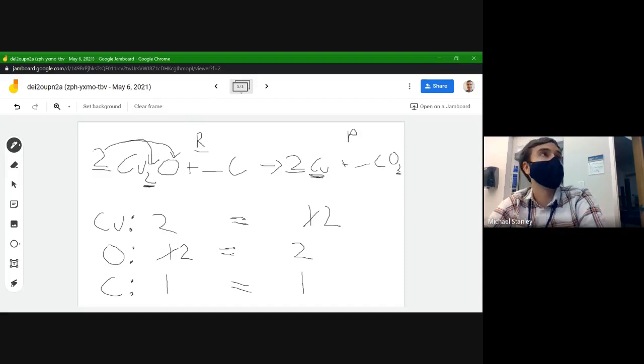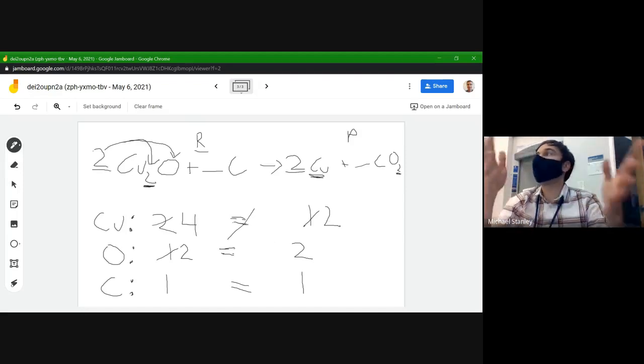How many coppers do we have now instead? 4. 4, precisely. 2 times, remember we multiply when we have the big and little number together. 2 times 2 is 4. So we have now balanced our O's. Yay! But in the process, we made our coppers unbalanced.